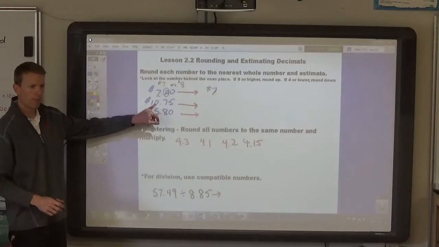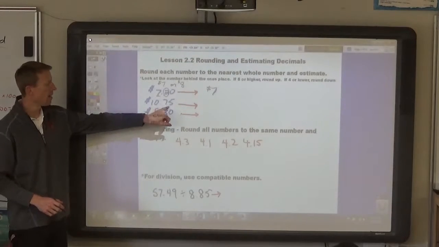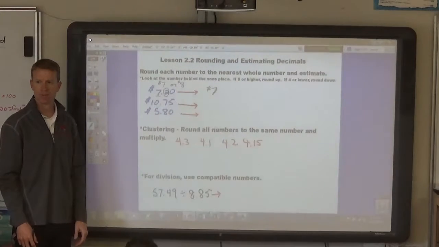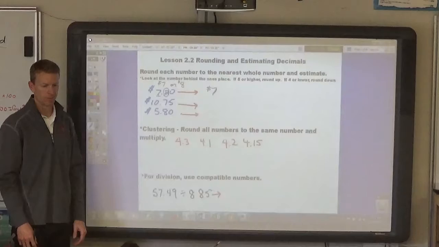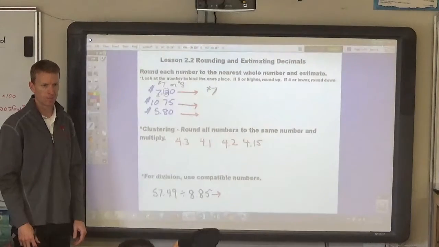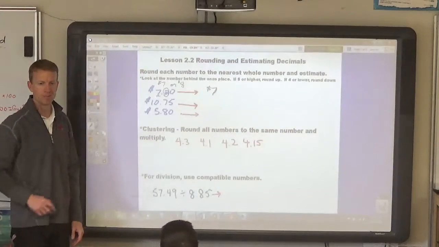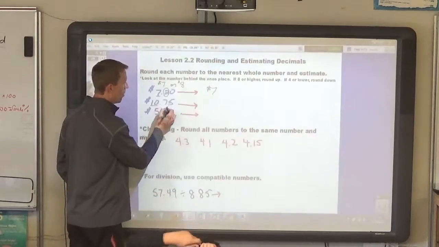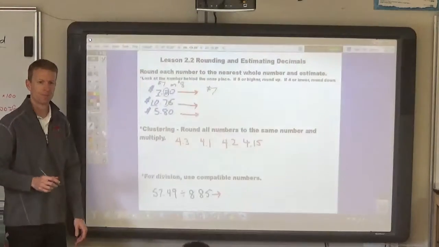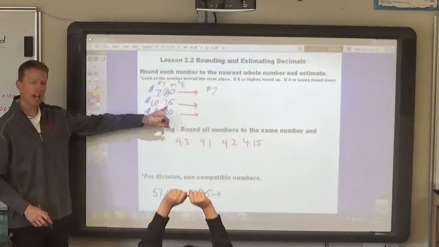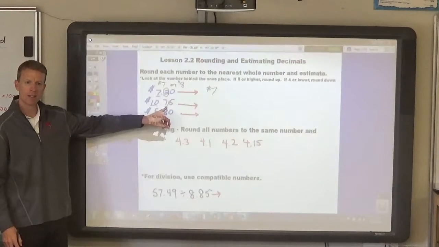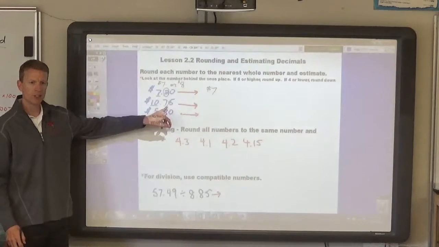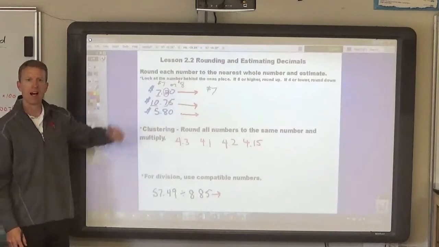What whole number amount is closest to $10.75? Okay, $10 or $11. Since the tenths place is a 7, we would round this to $11.